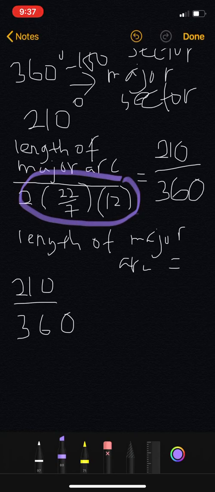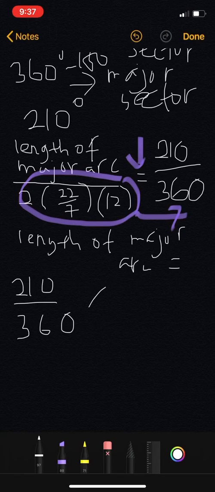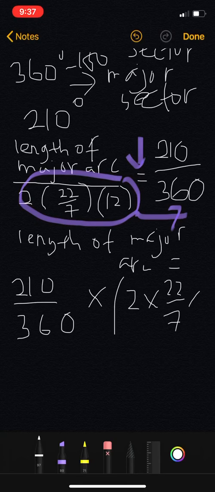Because it crossed the equal sign, it will become times. It will times with 2 times 22 over 7 times 12. So the length of the major arc is equal to 210 over 360 times 2 times 22 over 7 times 12.